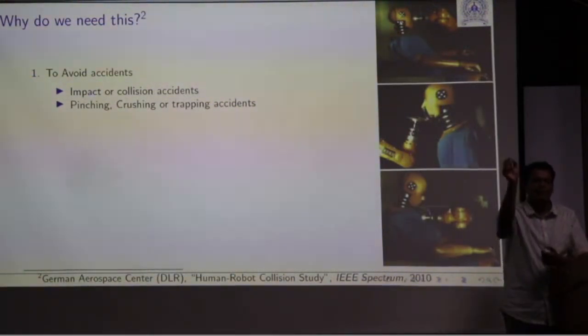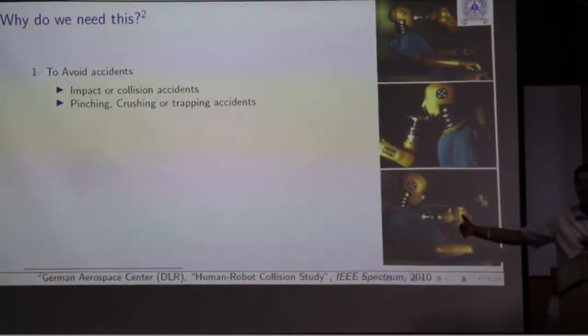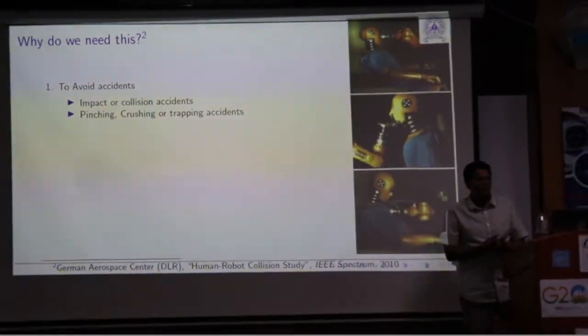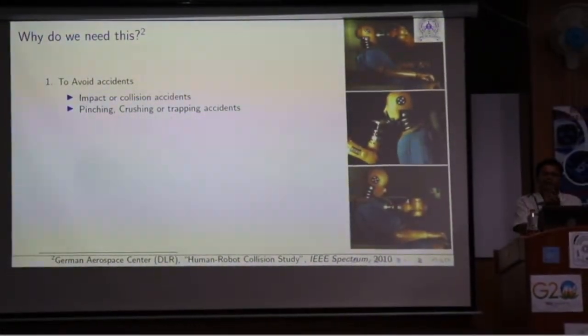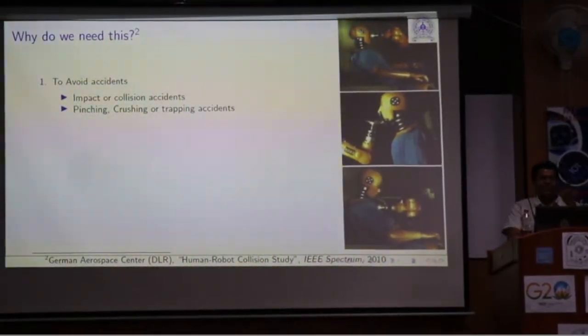Okay, trapping accidents. Sometimes you get engulfed within the robot arm and you are trapped. You cannot come out. It can squeeze you. Toothpaste के जैसा सब बाहर आ जाए. ठीक है? कार्टून थोड़ा इमेजिन करो, मिकी माउस में होता था. ठीक है? वैसे ही रोबोट तुम्हारे साथ कर दे. ठीक है? So that is trapping accidents.